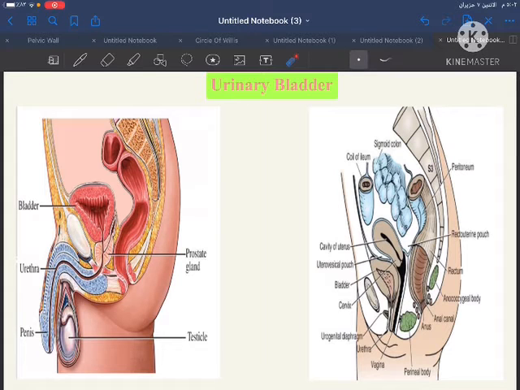Relations of the bladder: superiorly, coils of the ileum with the sigmoid colon and the body of the uterus in the female, while inferiorly are the retropubic fat and the pubic bones. At the apex is the pubic symphysis, and at the base is the rectum, and the vagina in the female.